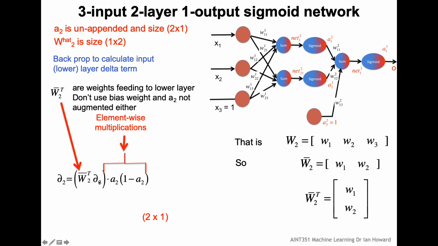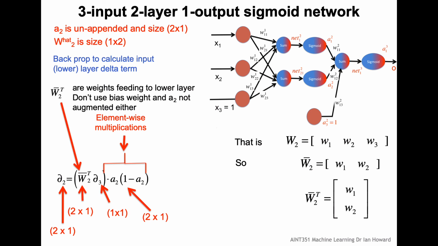So this is a column vector times delta 3. Again, just like we did at the overall output, it's all done by element-wise multiplications, because we've got to deal with the sigmoid. In this case, it's all 2 by 1. And W2 hat transpose is also 2 by 1. So it's all nice 2 by 1, and delta 3 is actually a 1 by 1 because we've just got a single output.